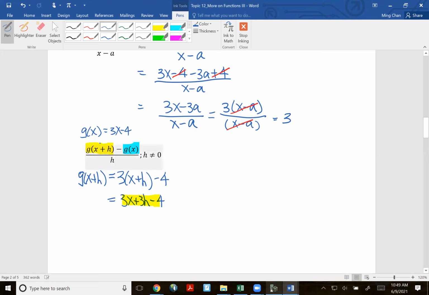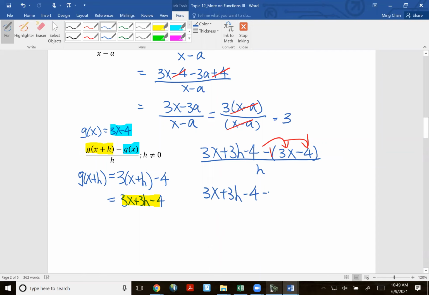So my first term on the numerator is now going to be replaced with 3x plus 3h minus 4, minus g of x. g of x is 3x minus 4, so I will put them in parentheses, whole thing over h. The negative 1, do a distribution again. So that's 3x plus 3h minus 4 minus 3x plus 4, whole thing over h.